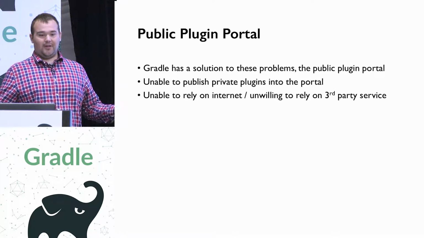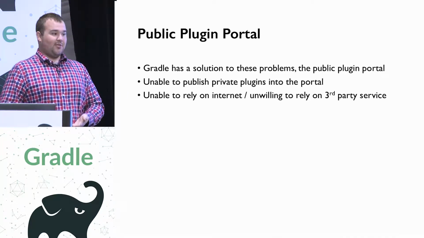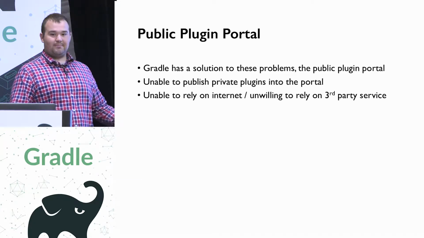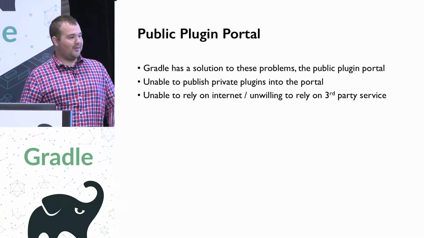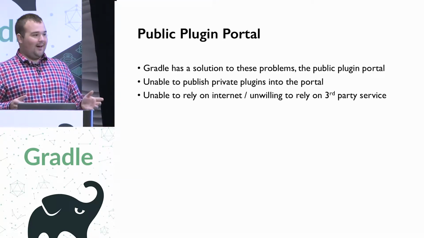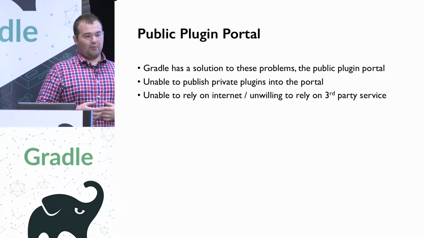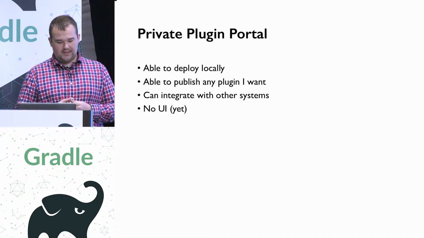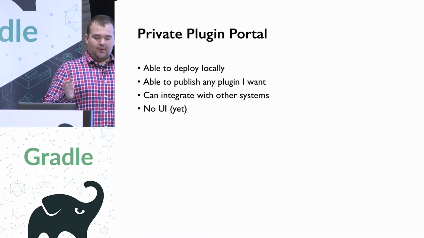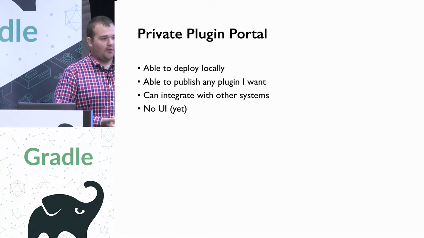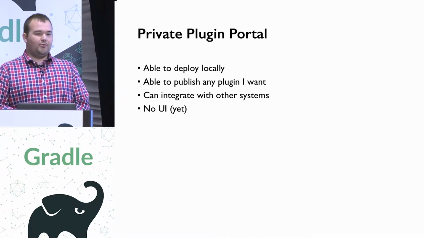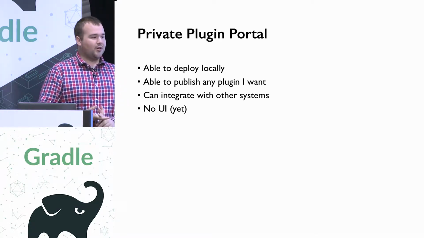I can't do anything to solve it. I just have to wait until AWS fixes itself, like the S3 outage a few months ago. So I want something that I can deploy locally inside of my environment to make sure this works for me. And that's what I want. I want to be able to publish anything I want, internal, external, foos, bobs, jars, whatever.